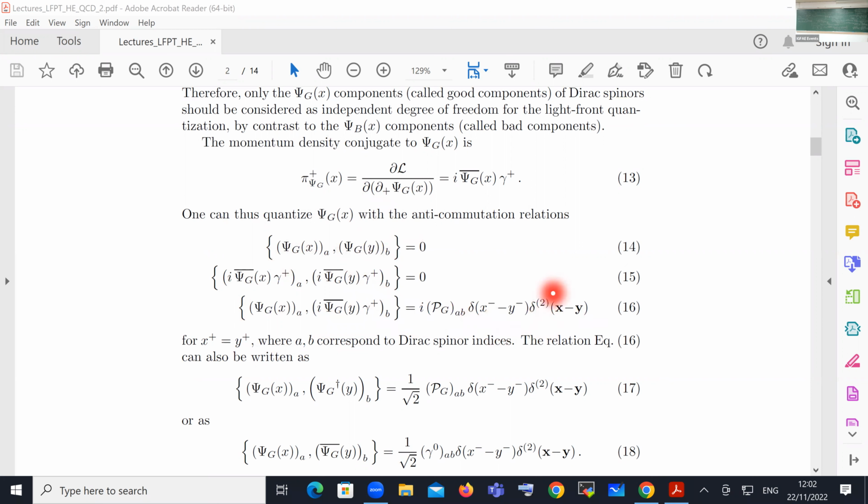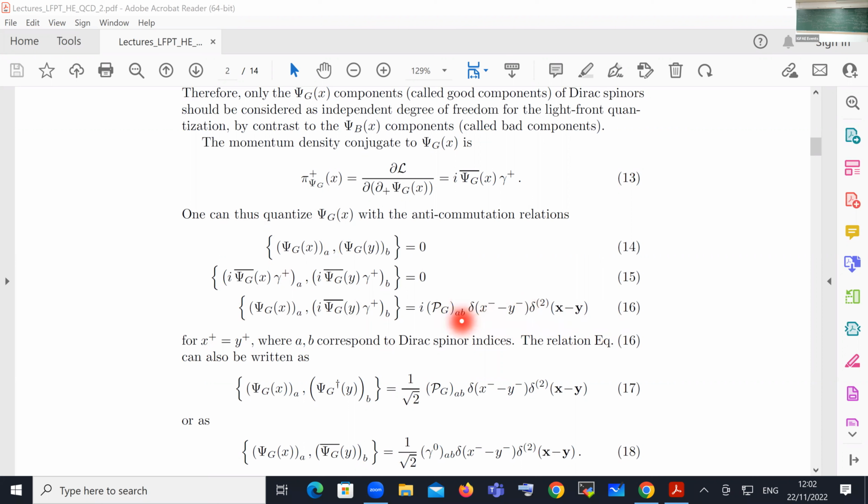All these are equal time commutation relations, but time meaning here Light-Cone time, so basically x plus equal y plus in all of this. And then you have delta along the other directions, along the minus and perp direction.